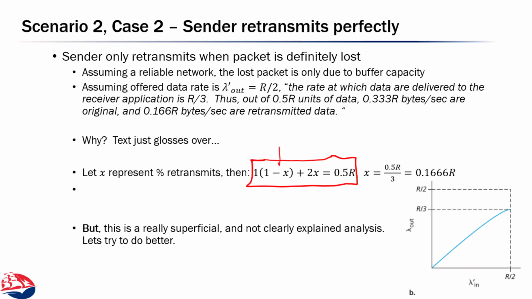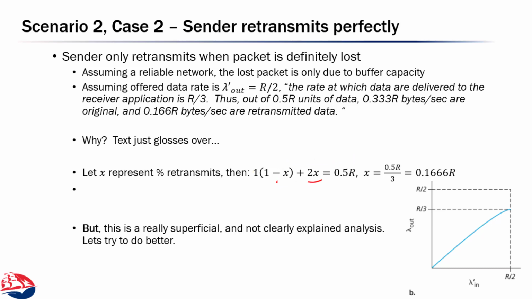This is the number of packets that do not need to be retransmitted. For instance, if 10% of my data needs to be retransmitted, then 90% of it, the 0.9, only generates one segment. However, 10% of it generates 2 segments.